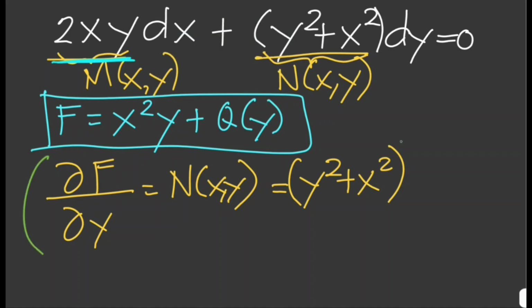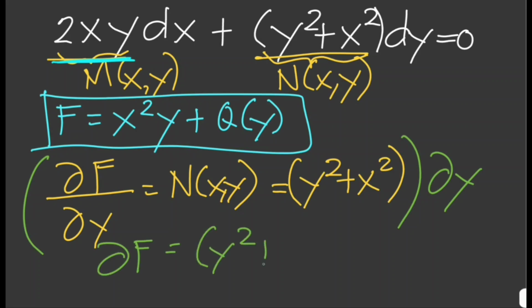And we can multiply both sides by dy, then our equation would become df equals y squared plus x squared dy. And we can now integrate both sides.